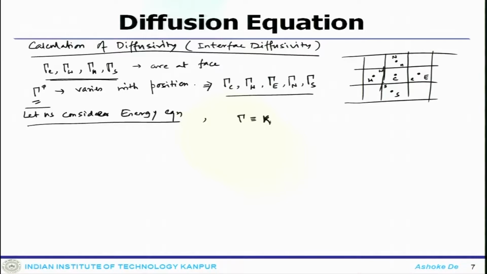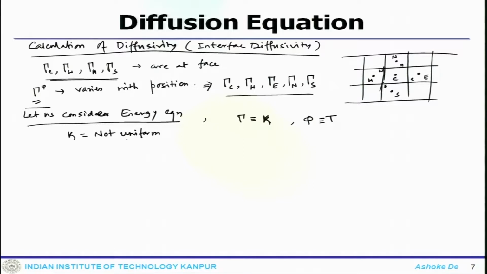Phi denotes the temperature, and if kappa is not uniform, then you have a problem.